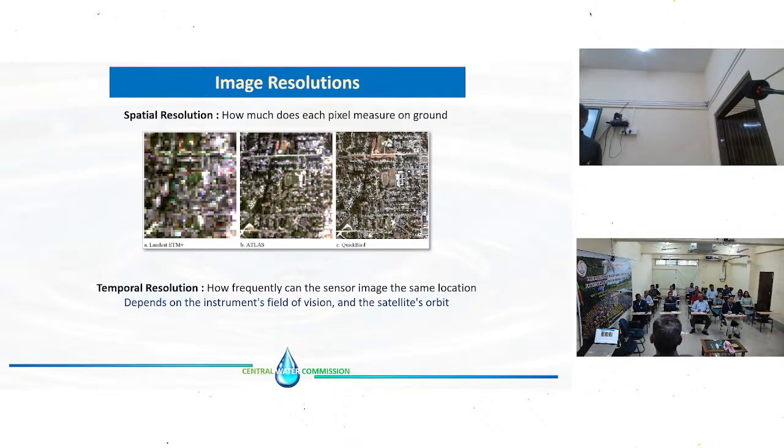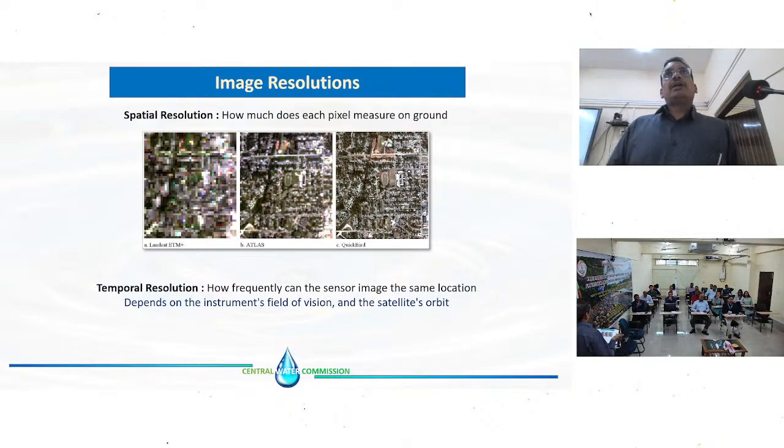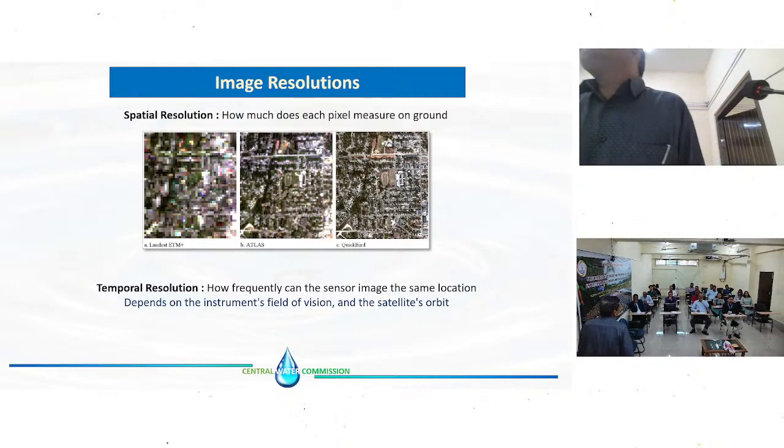They are openly available, and these are available at regular periodicity. Landsat imagery is available every 16 days. Sentinel imagery is available every 10 days. But because there are twin satellites of Sentinel, effectively every 5 days you will get one image at 10-meter resolution.